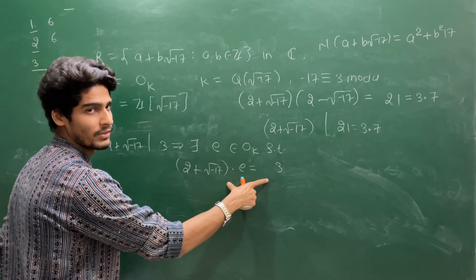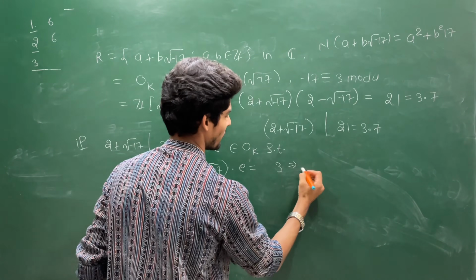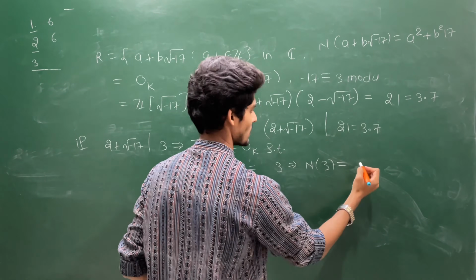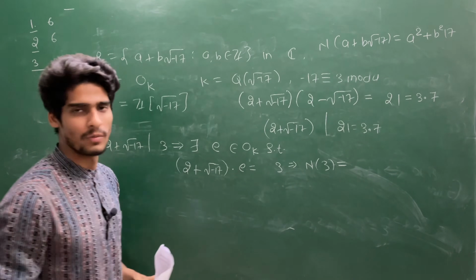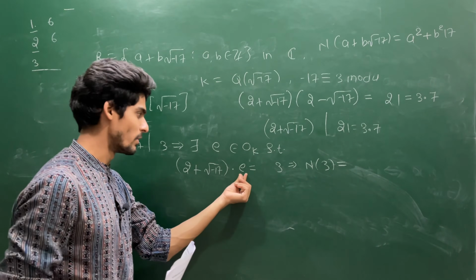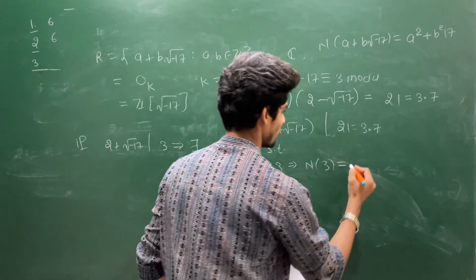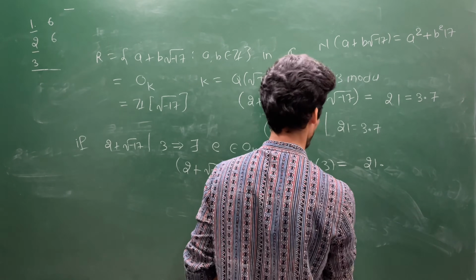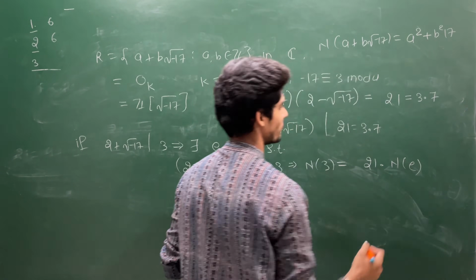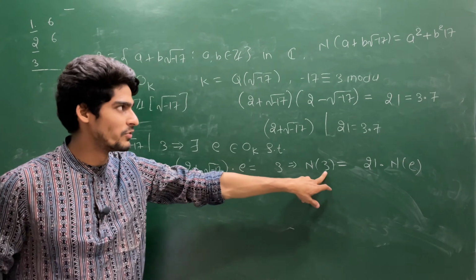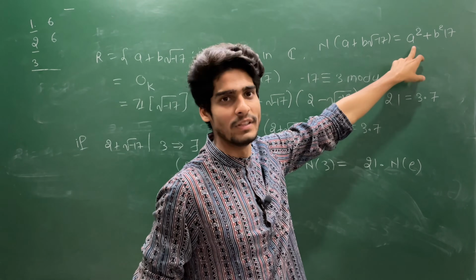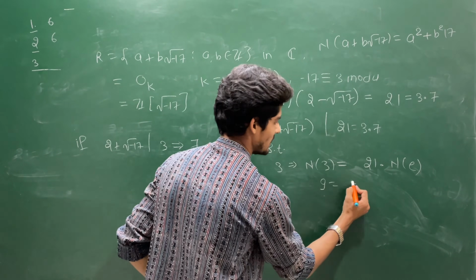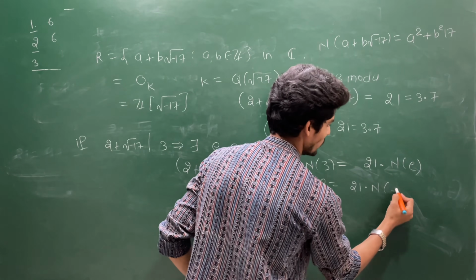This is the definition of divide. Now take the norm on both sides. We know that norm is a multiplicative function, so norm of this into norm of this. We already know the norm here is 21, and the norm here will be norm of E. What is the norm of 3? We know the norm of any element is of this form. Here B is 0, so norm of 3 will be 9. So you will have 9 equal to 21 into norm of E.